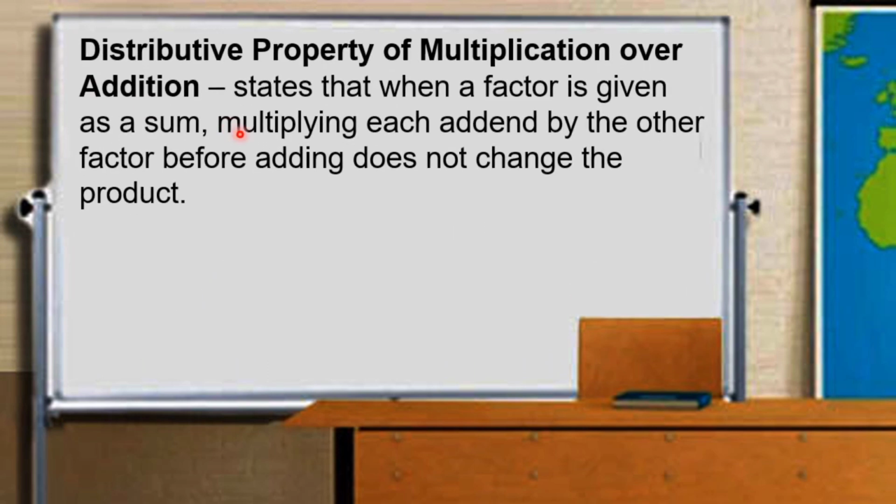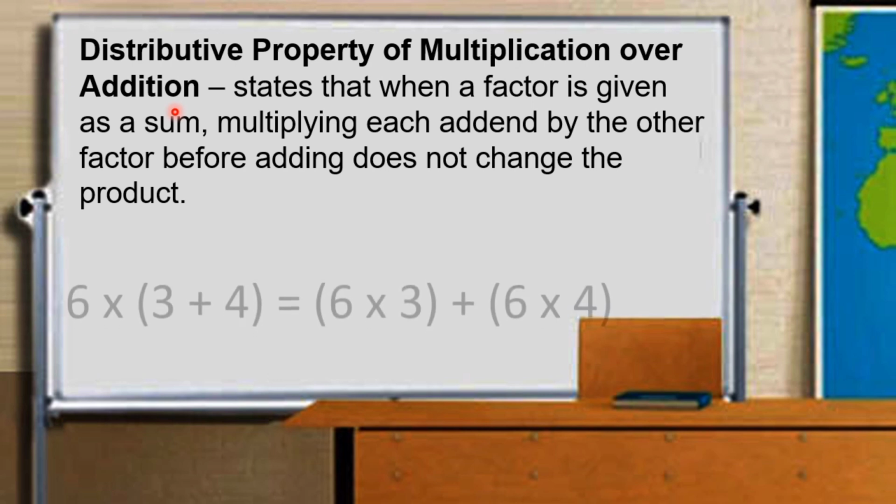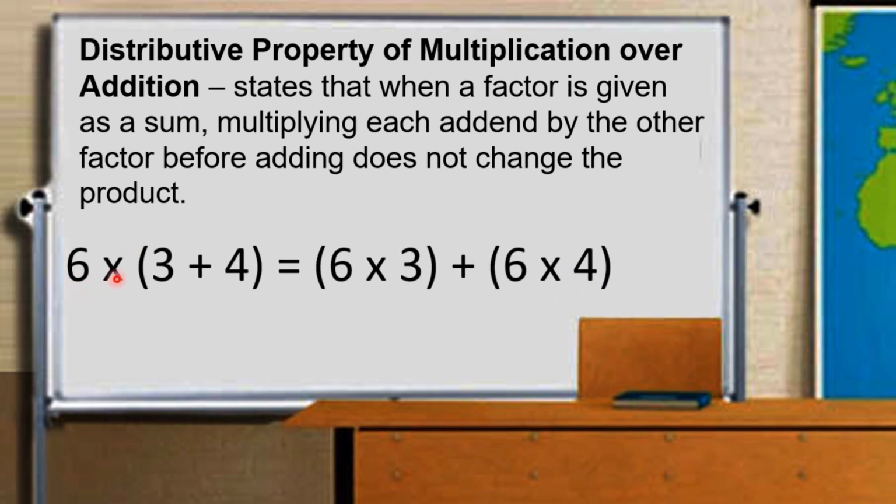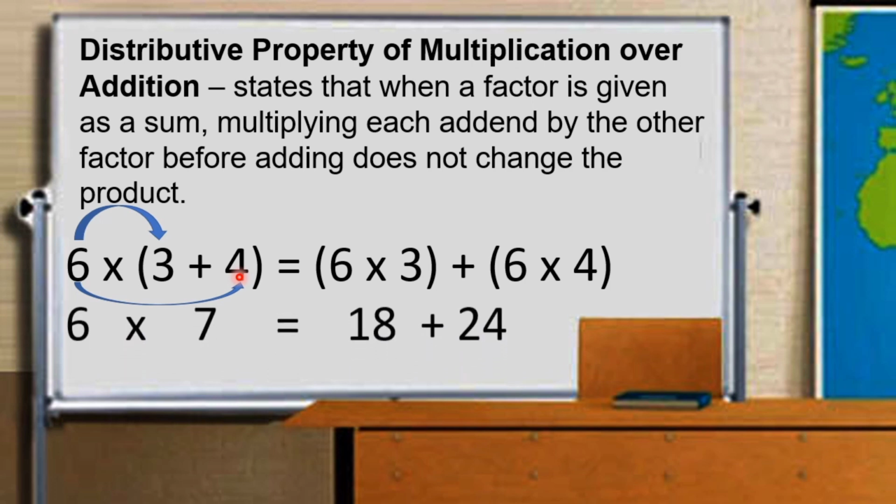Let's have our example of distributive property of multiplication over addition. So, our given is 6 times, open and close parenthesis, 3 plus 4. And then, distribute natin, 6 times 3, eto siya, and then plus 6 times 4. So, let us solve.